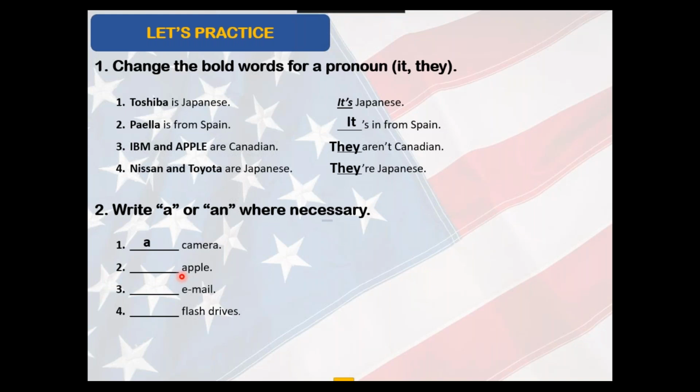Consonant sound or vowel sound? Vowel sound. An apple. Email. Consonant sound or vowel sound? Vowel sound. An email. Flash drives. Singular or plural? Remember the S. It's plural, so it's not necessary. No.